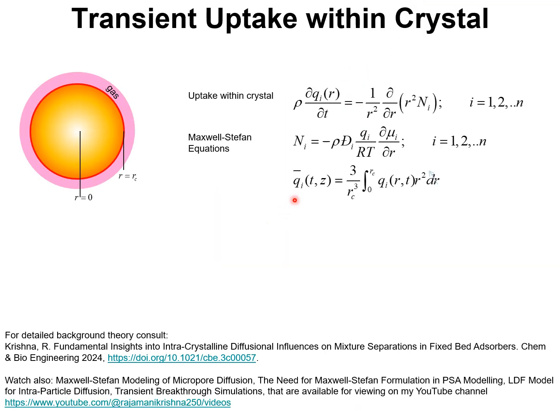In order to determine the average loading of each of the gas molecules at any position z in the fixed bed adsorber at time t, we need to solve the differential equation describing the transient uptake of the gas molecules within the crystallites.